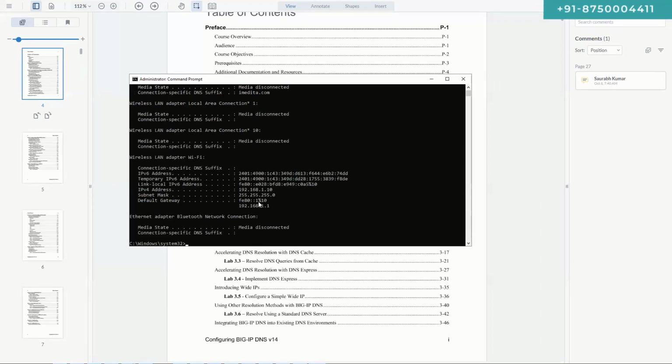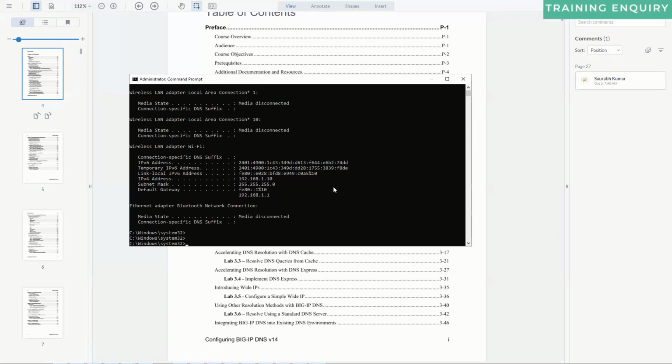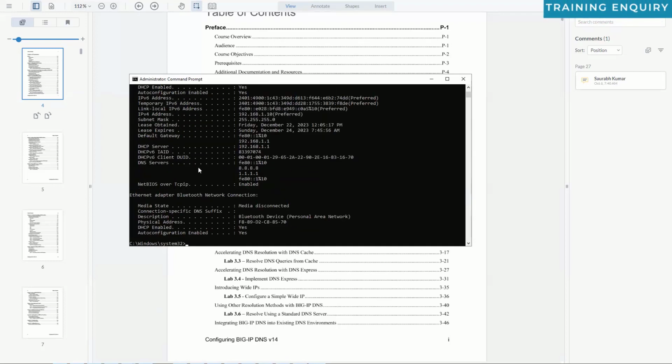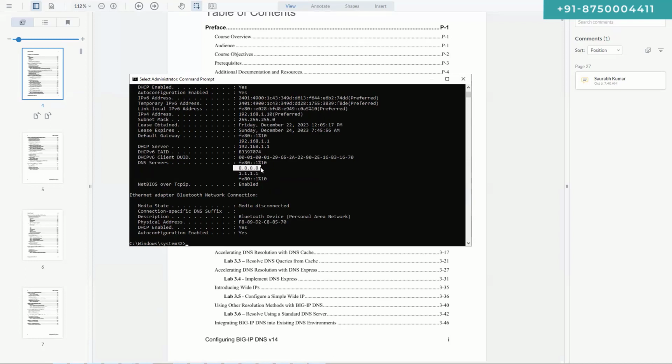You can see that this is the default gateway for me, but it will not display the DNS server, although it would be the same for me, or maybe a little different. I'll have to check that out. So if I say ipconfig /all, then it will give me the DNS server. You know that I've configured this DNS server, 8.8.8.8 and 1.1.1.1. So the primary DNS server is 8.8.8.8, and this is my secondary DNS server.